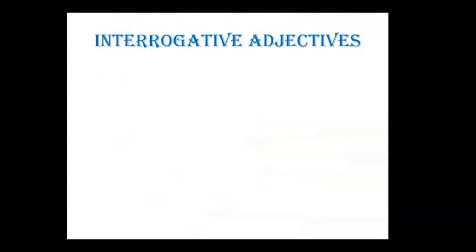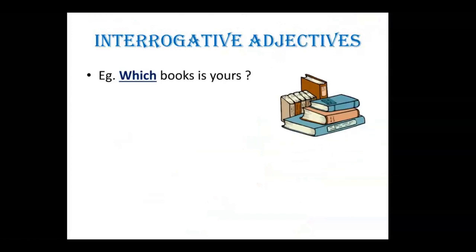Look at the example of interrogative adjectives. Example, which book is yours? Now here, book is a noun and the word which is used with book to ask a question.